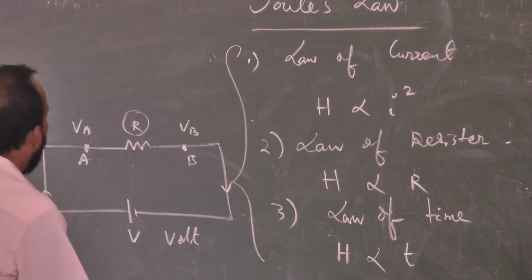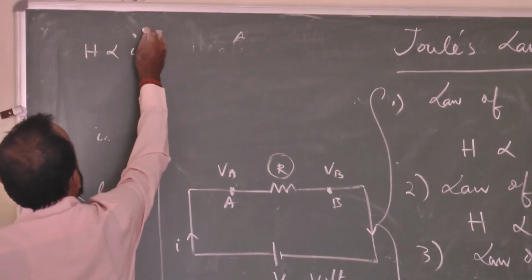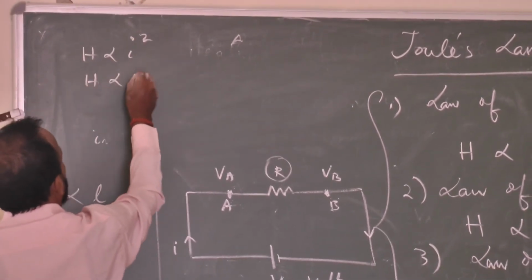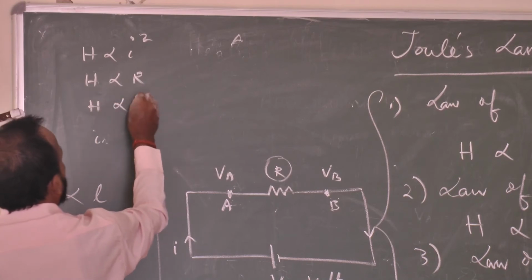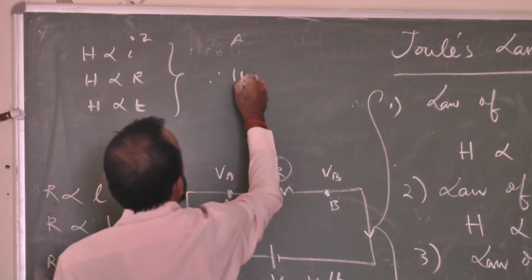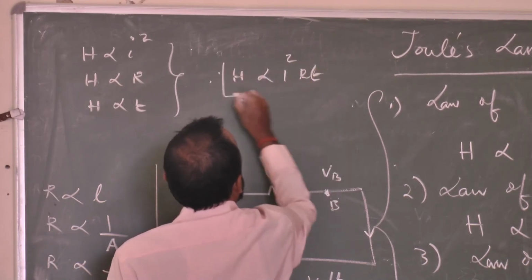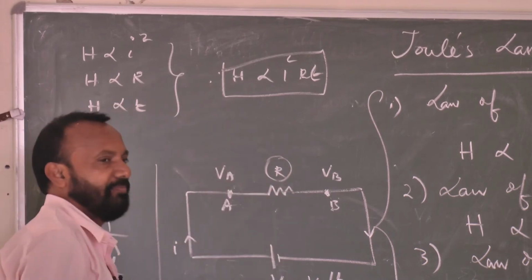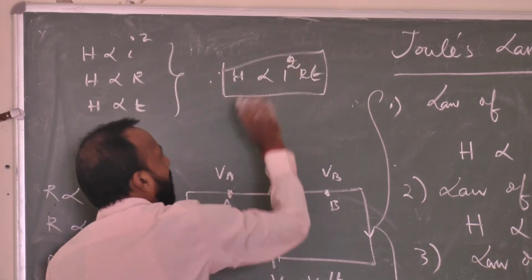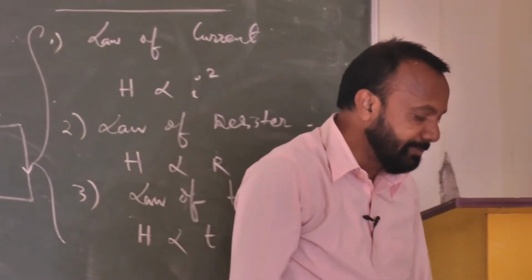The first equation is H is proportional to I square, the second one is H is proportional to R, the third one is H is proportional to T. If we combine these, then I will get H is proportional to I square RT. This is the formula of Joule's law of heating effect, I square RT.